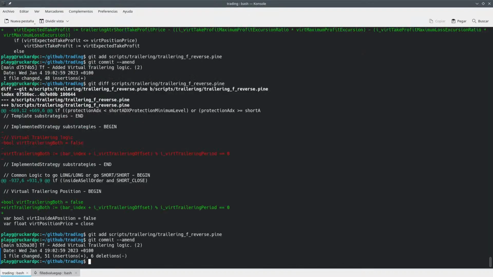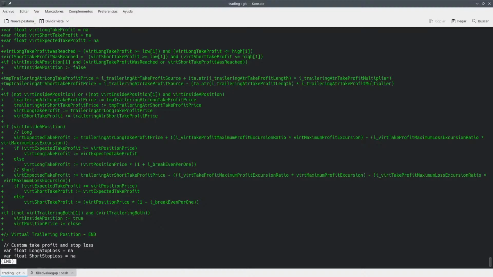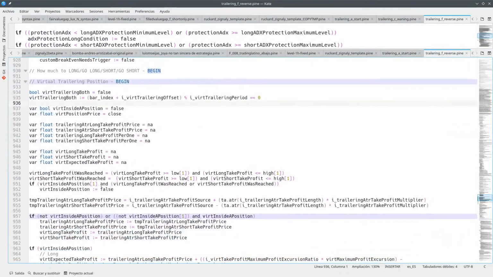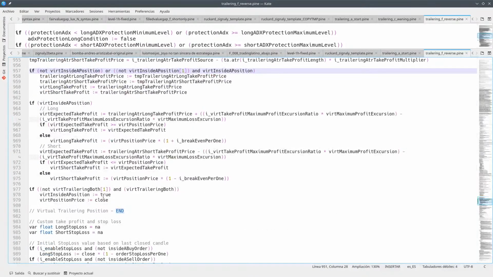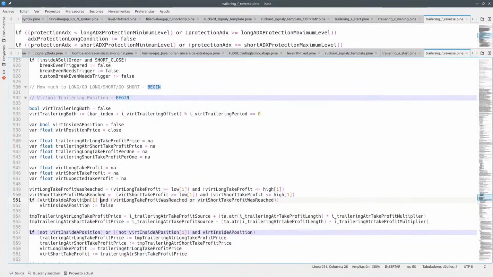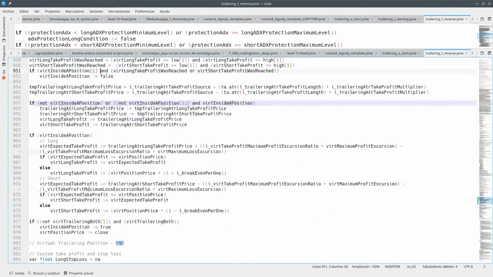So let's edit the same commit once again. Let me show what this is doing. So it is removing this, putting this here. Okay, so my idea is that we can move everything here to somewhere else, which is at the start of the script, because actually we don't need anything from this part.